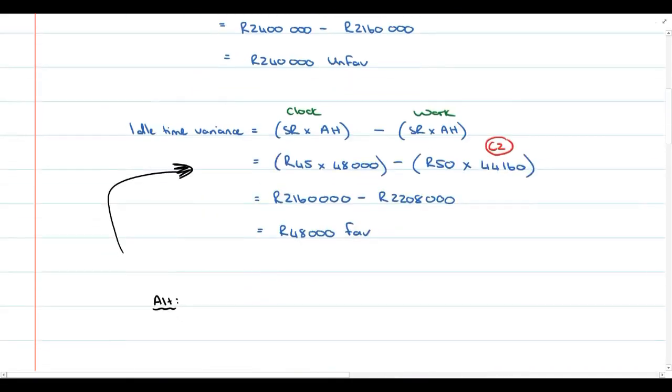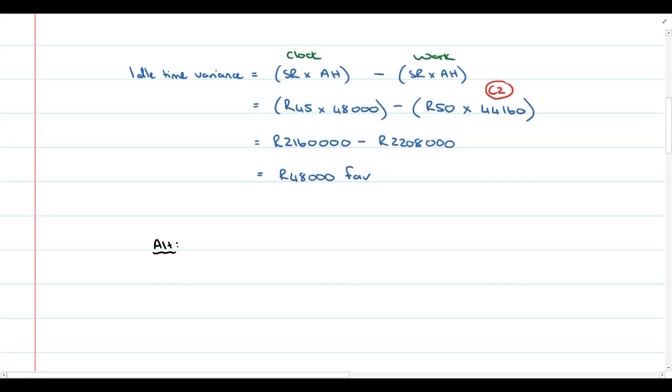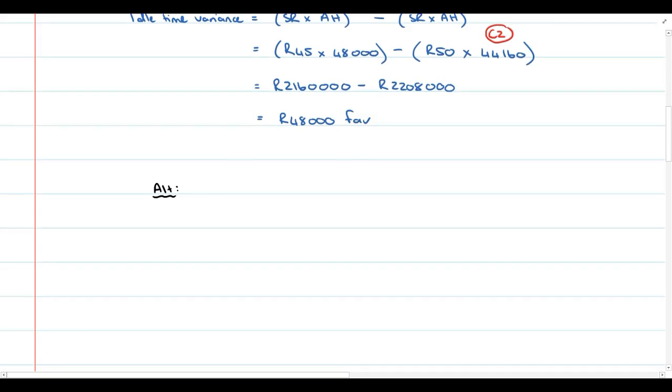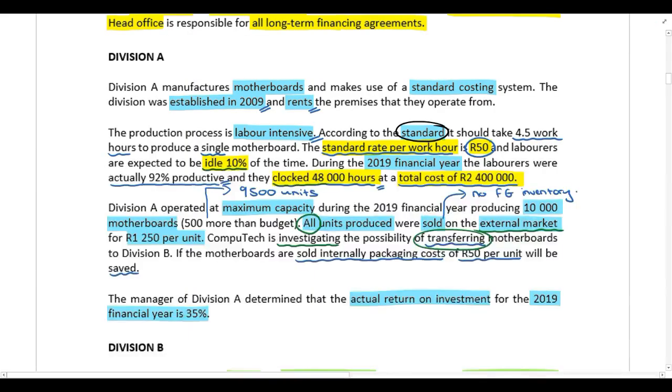However, the logic behind the idle time variance calculation is you should be comparing the actual idle time to what the idle time should be. So in other words, if they actually clocked 48,000 hours, the idle time should have been 10% of that according to the standard. So they should have been idle for 4,800 hours.